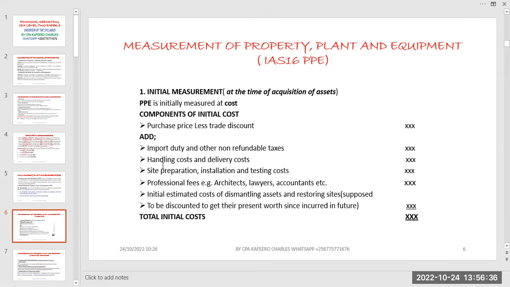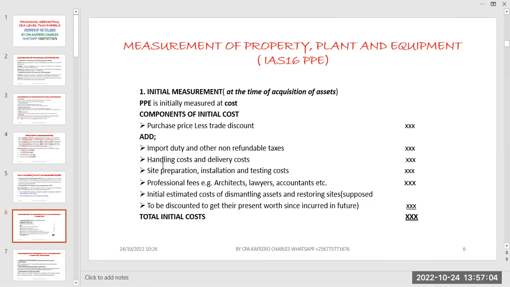So basically what I'm talking about is that we are incurring those costs that are inevitable, and when we don't incur them, the asset is not going to operate. We are supposed to capitalize them and add them to the price we've paid to acquire those goods, and we'll be able to get the total initial cost.